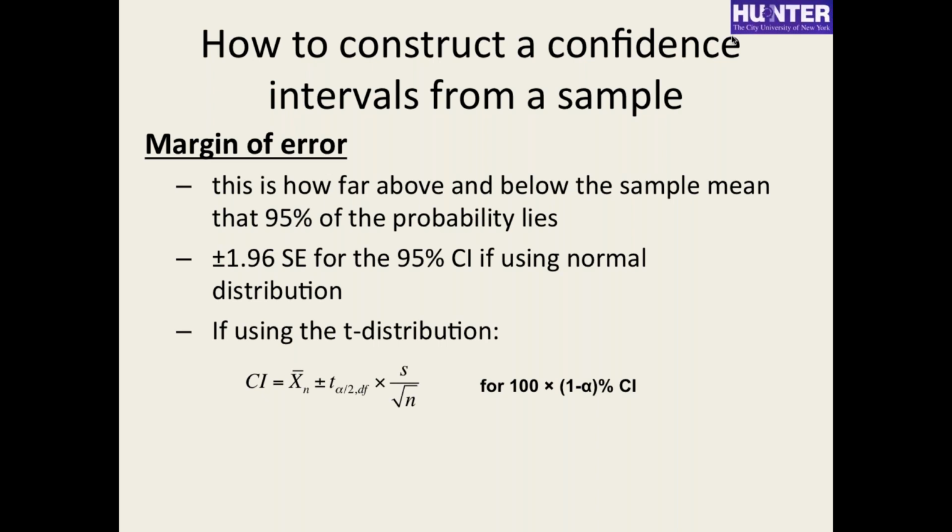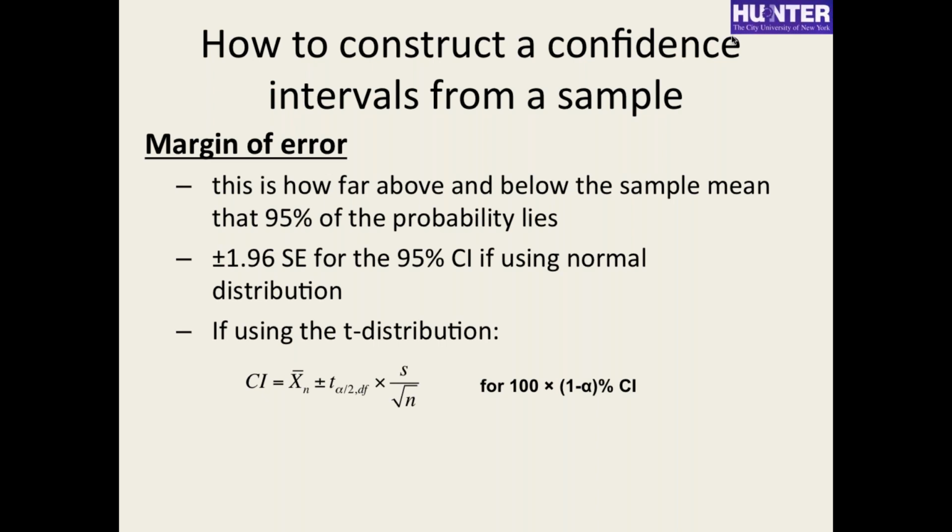And the thing that determines how big that margin of error has to be is two things. Number one, what level of confidence we want that we captured the real mean. That's going to be represented by the t-score or the z-score. Right? So when we know the population standard deviation, which is rare, we use the z-score.